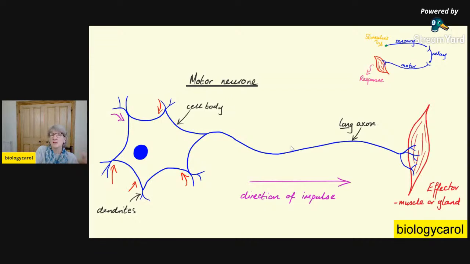Taking that nerve impulse away from the CNS to the effectors, either a muscle or a gland, which bring about that response. And as I've said, the cell body is within the CNS, and it kind of explains why the axon is so long.